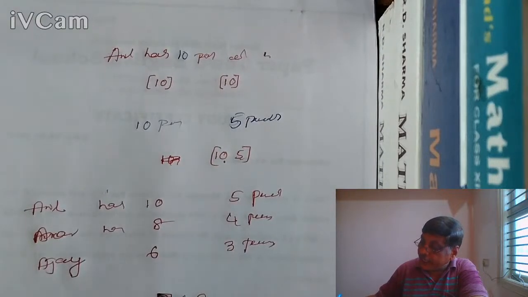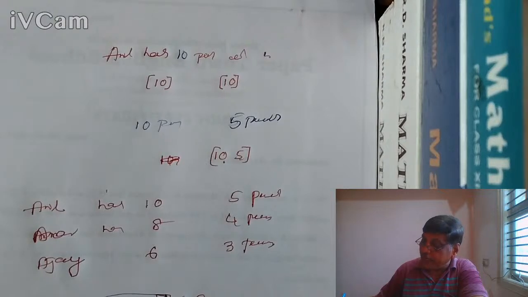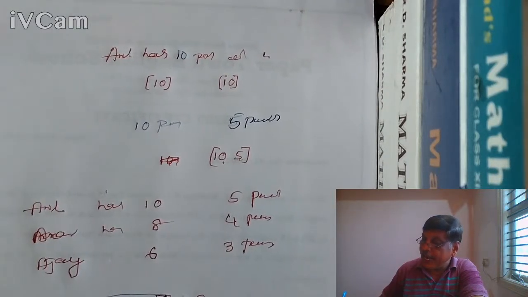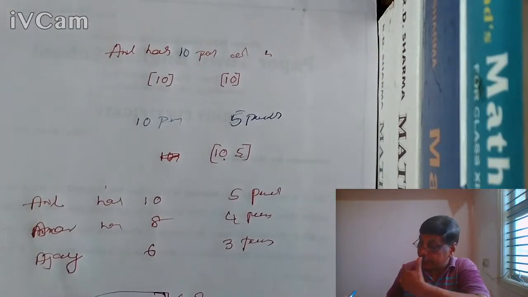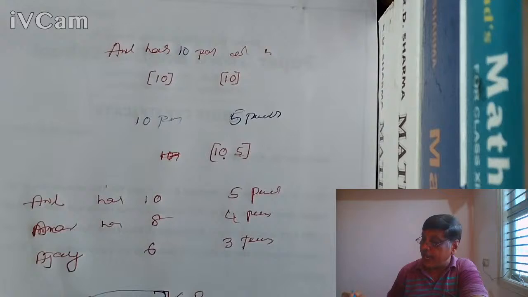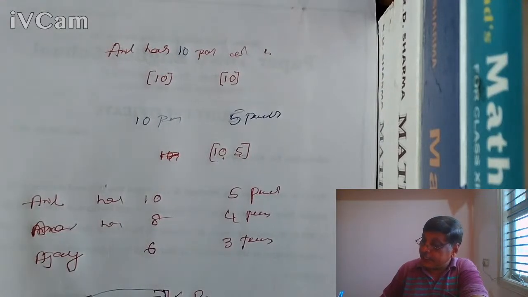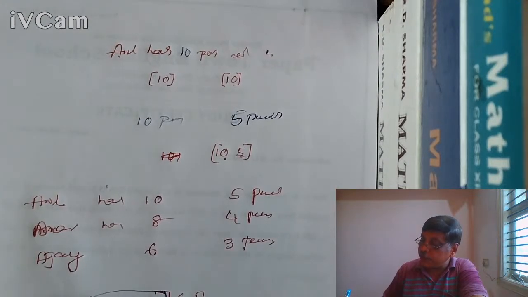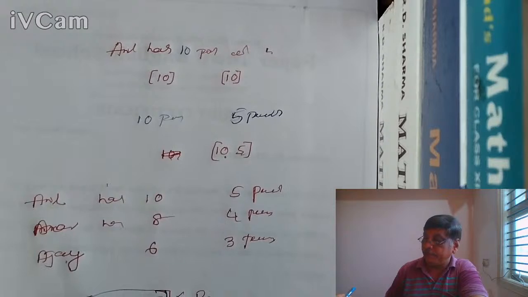So here 10, 5 indicates the number of pens and pencils possessed by Anil. In the second row, 8, 4 represents the number of pens and pencils possessed by Amar. Third row, 6, 3 represents the number of pens and pencils possessed by Ajay.